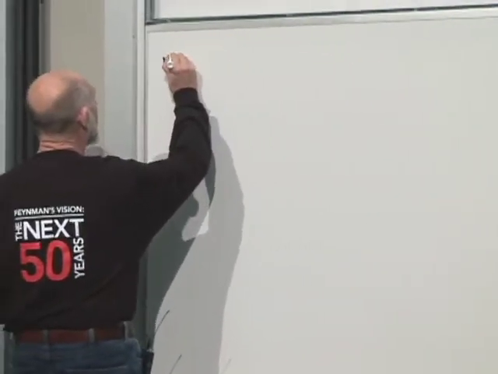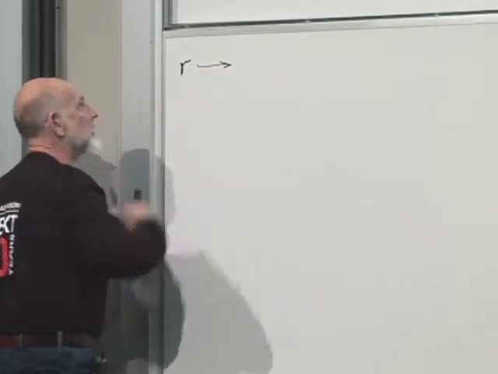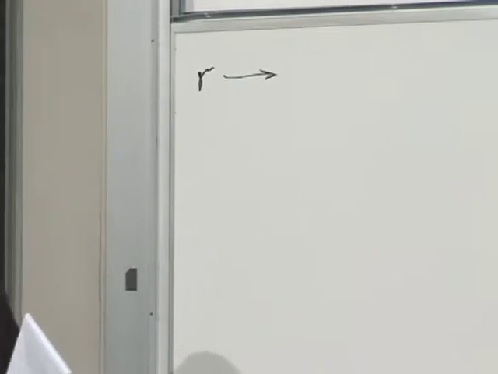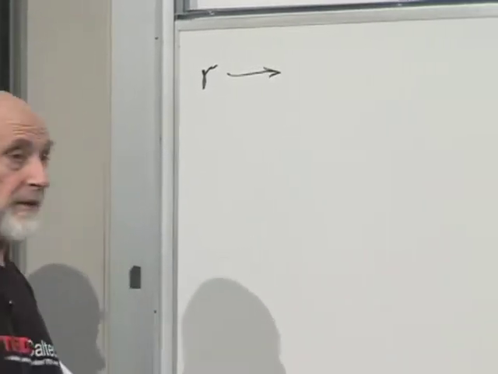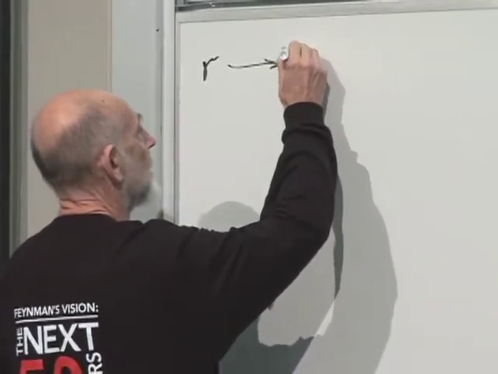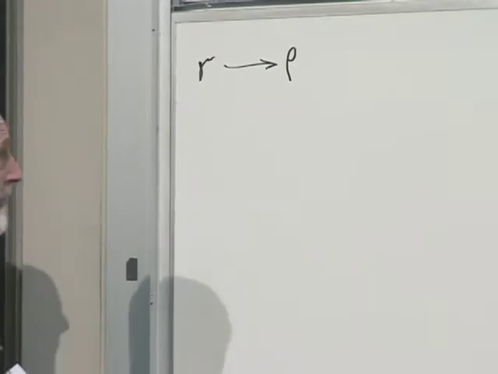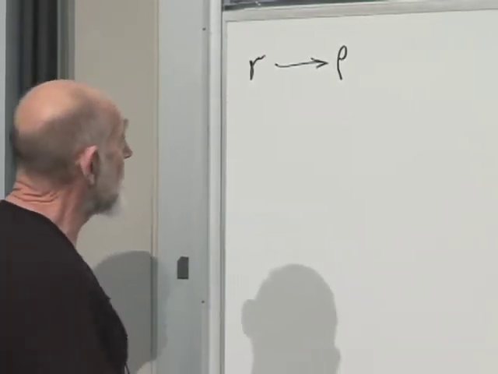we replaced it by another variable, which was actually the proper distance from the horizon. R is not the proper distance from the horizon, but rho is. That's the definition of rho, proper distance from the horizon.